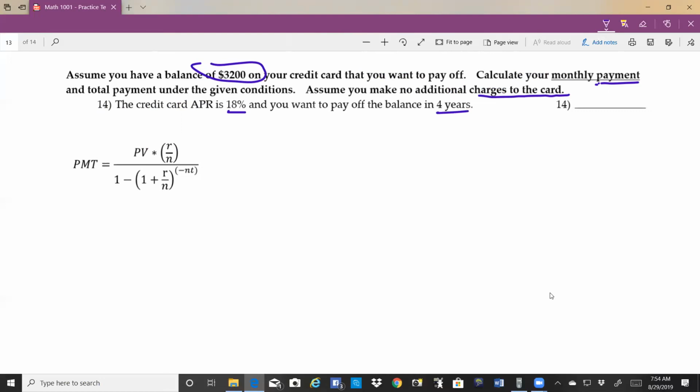So, PV is $3,200. N is 12. The interest rate is very large, 18%. And the time you want to pay it off in is 4 years. NT is 48.